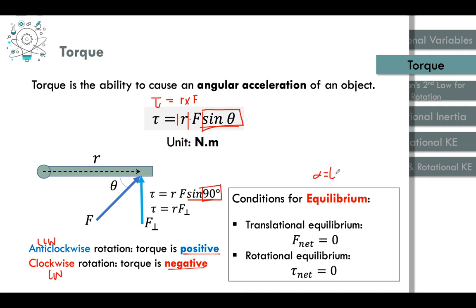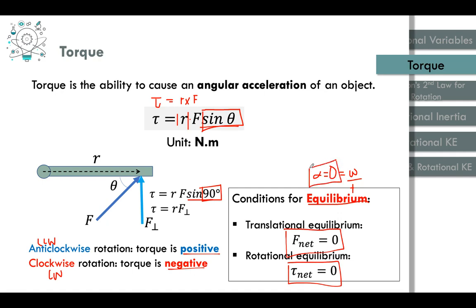In the case where angular acceleration is equal to 0, meaning that there is no change in angular velocity over time, we consider the object to be in both rotational and translational equilibrium. So the net torque acting on the object is equal to 0, but the net force acting on the object is also equal to 0.